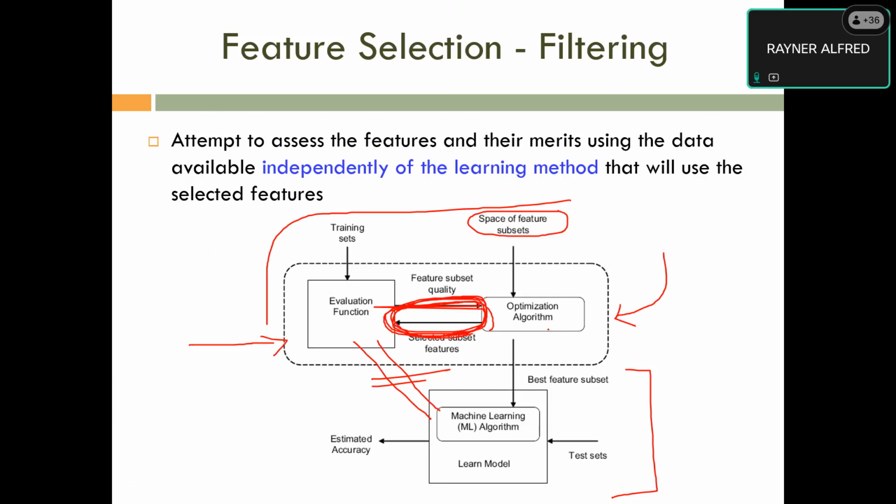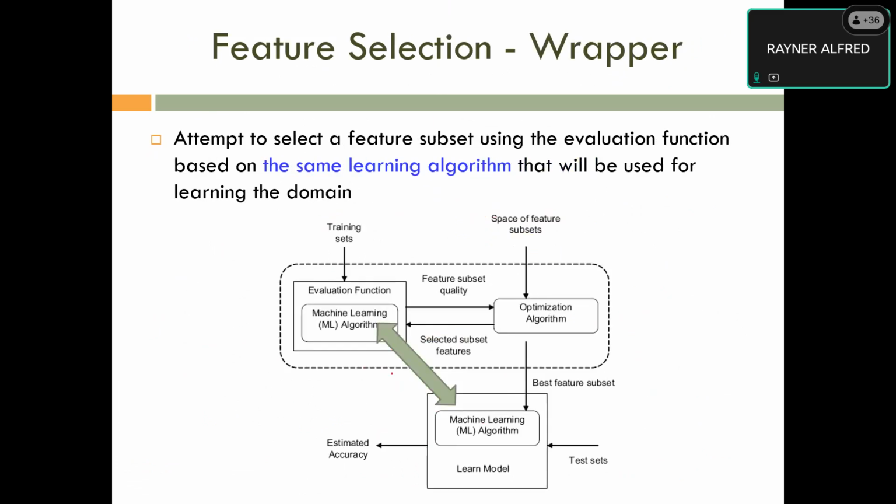But when we compare to the wrapper approach, you see this two-way arrow. That means during the feature selection, we use the same algorithm to evaluate our model, and during the testing we also use the same algorithm. Since we are using the same algorithm, we are wrapping the whole process of training and testing using the same algorithm.